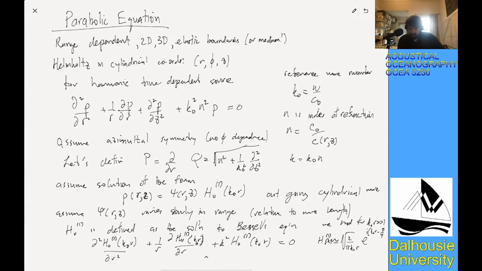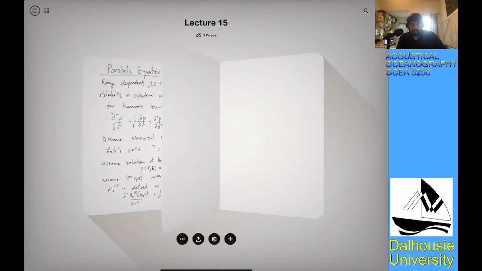Okay, really crammed into the corner, but you can go back and look at the lecture on normal modes to recall that asymptotic expansion, or you can just look it up on the internet. Wow, it's a great age we live in.